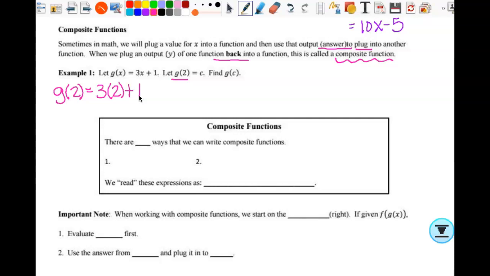Because that first step is always 0 work. You substitute it in. Then that gives me 7. I don't have to show 6 plus 1, right? That's g of 2, which is 7, which is equal to c, which means that g of c equals g of 7, which is 3 times 7 plus 1, which is 22.